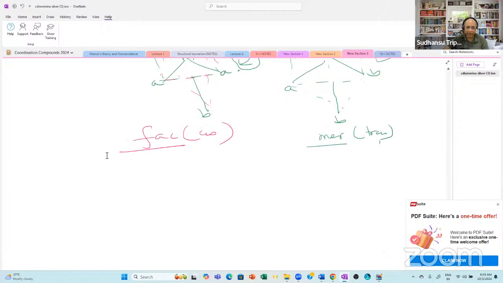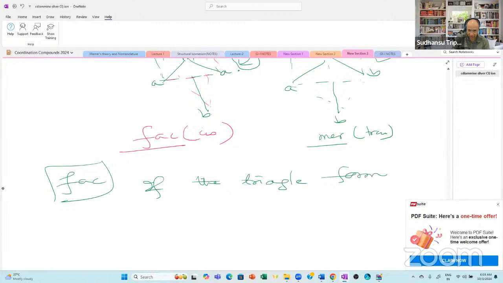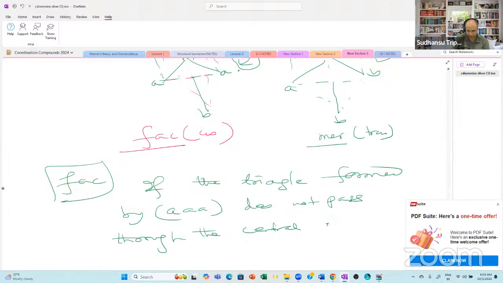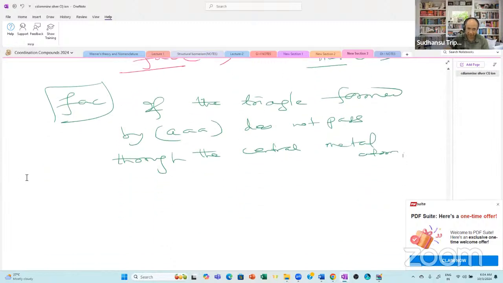So how do you define fac? Let us write it down. If the triangle formed by AAA does not pass through the central atom, then it is fac.